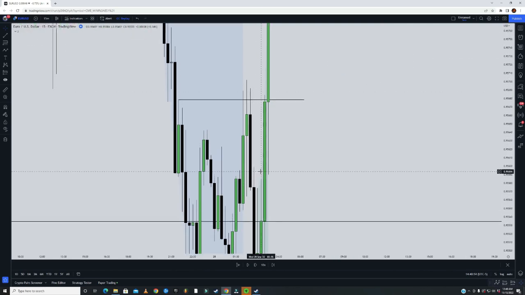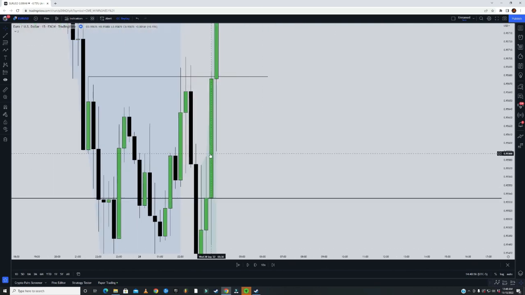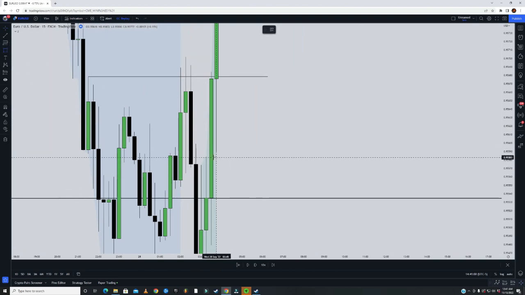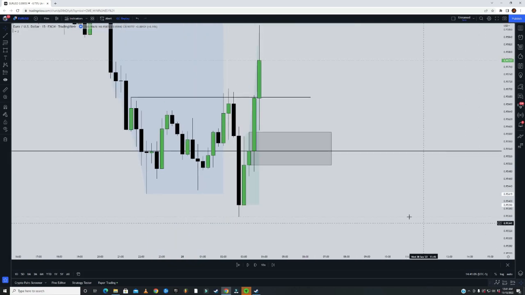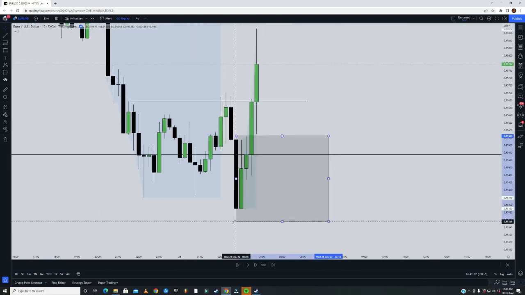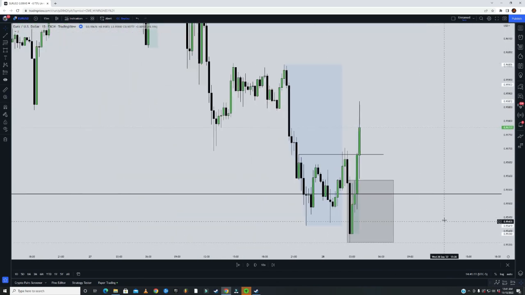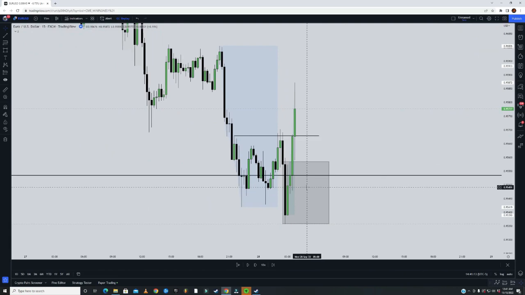Now, if I go here, you can see there's a tiny bit of imbalance around this level. So what I would do is mark out this order block, right? And I would put my stop right below there. Because on the smaller time frame, there could be some fair value gap around this level, or there could be an order block here.